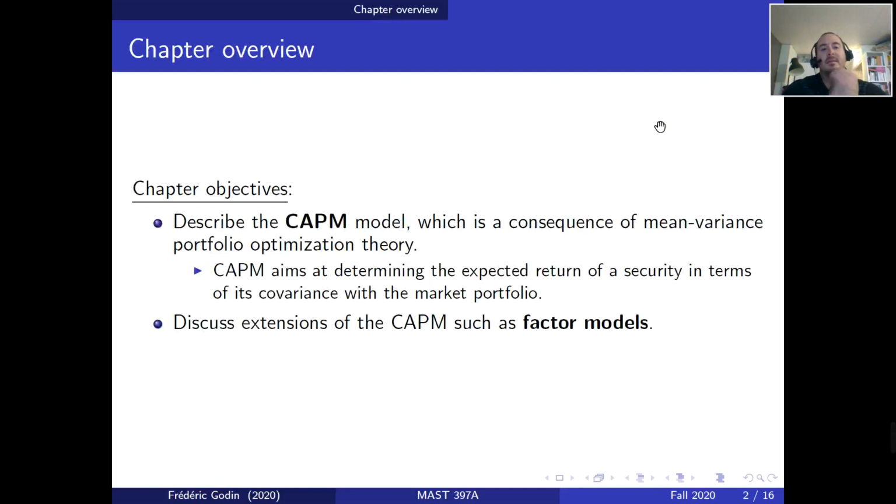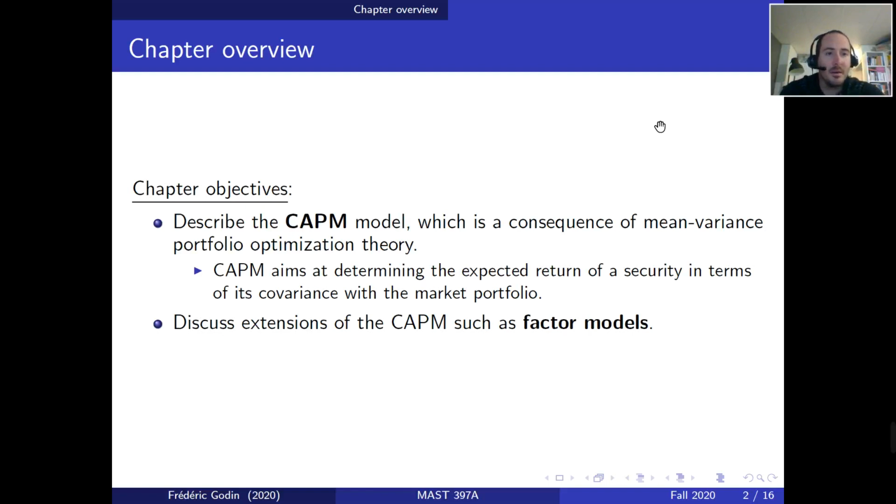The objectives of this chapter are, first, to describe the CAPM model, which is a model attempting to determine the expected return of some security, of some asset, in terms of its covariance with the market portfolio, which we've identified in the previous chapter.